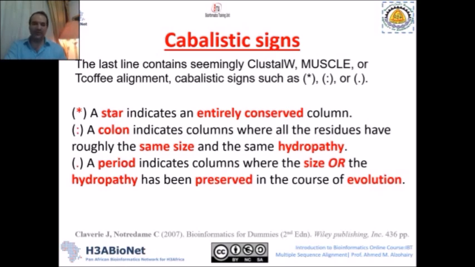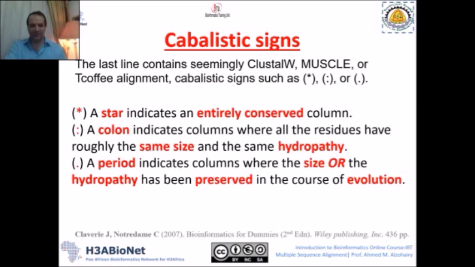A colon indicates columns where all the residues have roughly the same size and hydropathy. So if you have a column where the residues maybe are different but have the same size and hydropathy, this column can be represented by a colon. A period indicates a column where the size or the hydropathy has been preserved in the course of evolution.